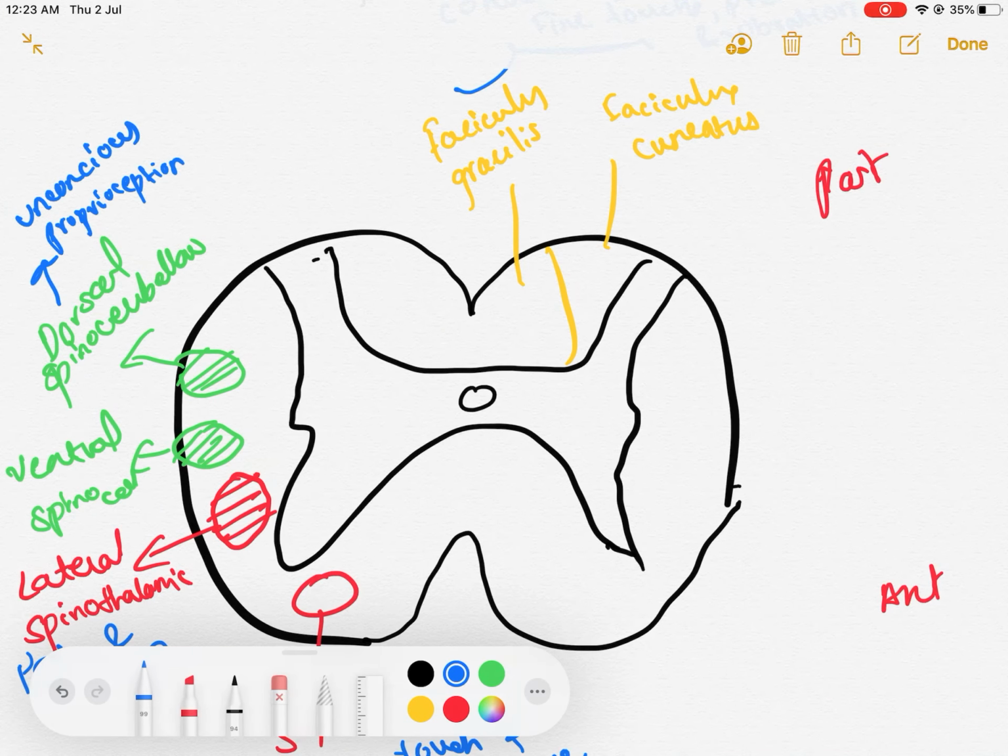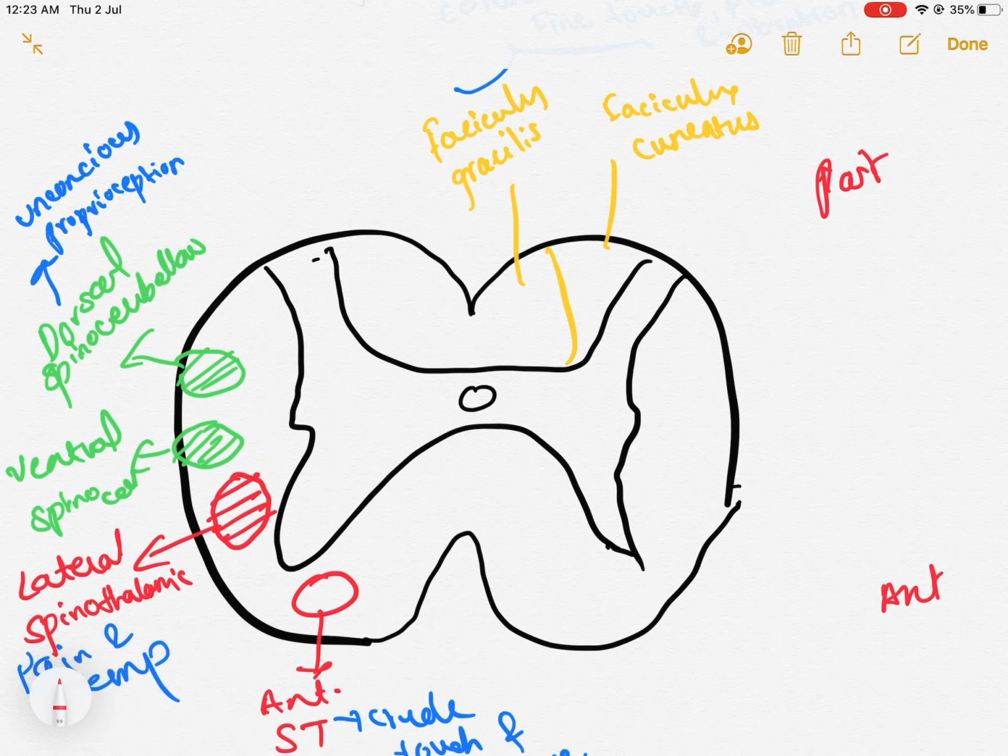Now coming to relay stations of these ascending tracts. The first area here in the dorsal horn is the relay station for spinothalamic tract. This is called substantia gelatinosa.